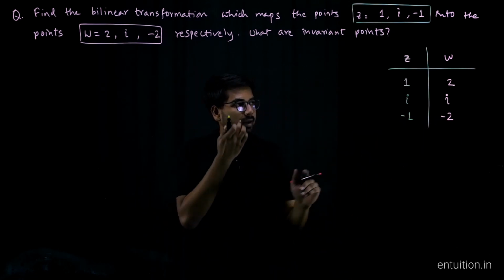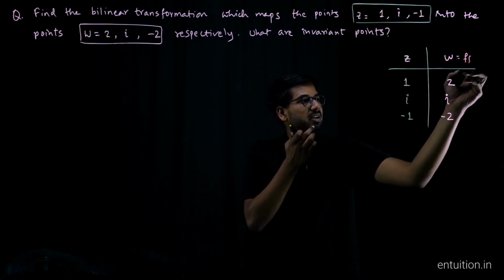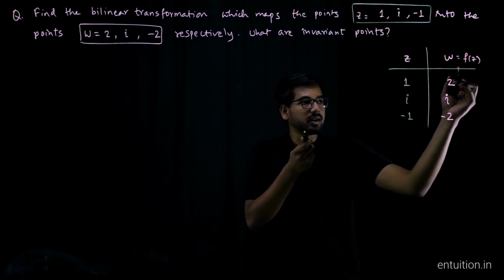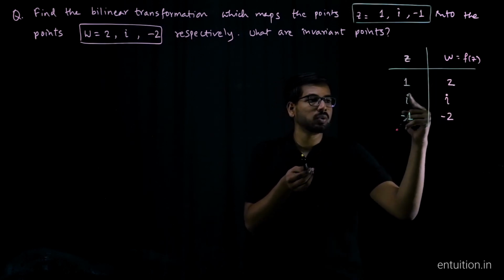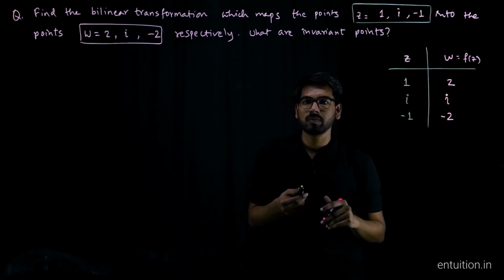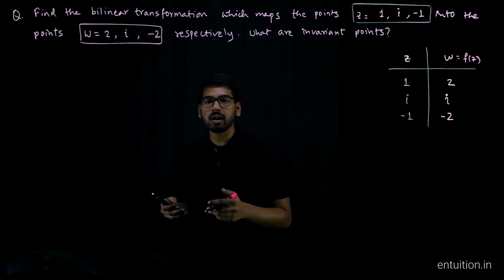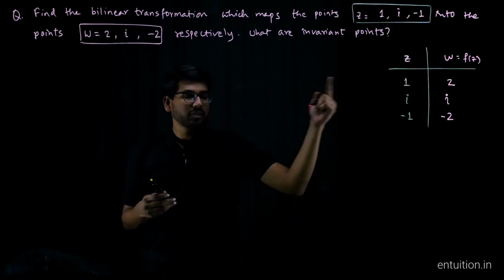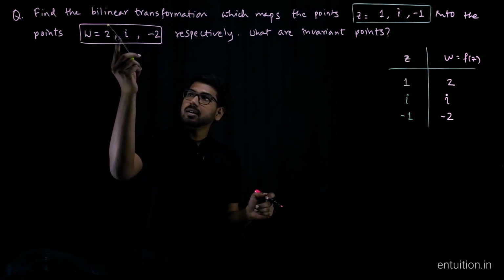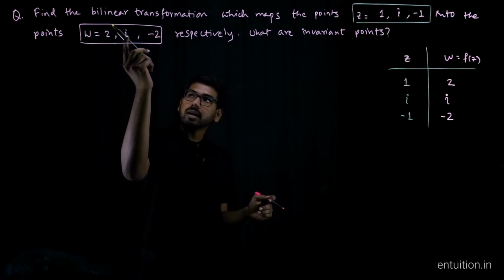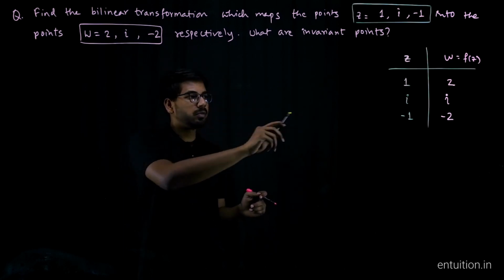We need to find w, which is nothing but a complex function f of z, such a complex function that transforms 1 to 2, i to i, and minus 1 to minus 2. So where do we start from? This complex function is not just any complex function. It is the one that bilinearly transforms the points.